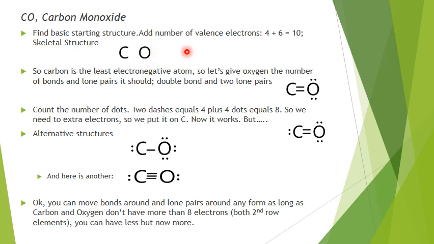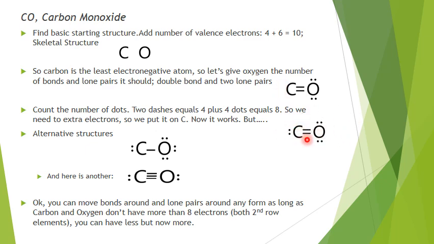Remember what we did on the other ones: the outer atoms were the more electronegative, and we gave them their number of bonds and lone pairs. So oxygen should get 2 bonds, 2 lone pairs. Here you go. So now we're going to count the dots. So 2, 4, 6, 8. So we're missing 2. So we just put 2 here. So we got this.